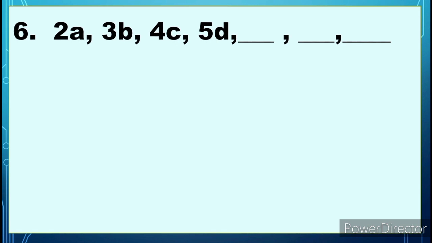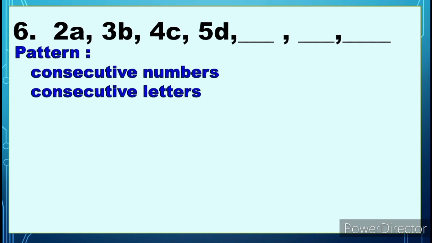So, now let's observe kung ano yung pattern. So, kung mapapansin ninyo, we have letters and numbers. And ang pattern po natin dito is consecutive numbers o magkakasunod ang numbers and consecutive letters or magkakasunod ang letters. Therefore, 2, 3, 4, 5, the next number is 6.